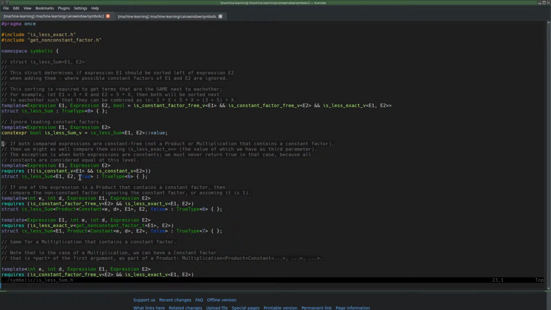Okay, the specialization on true means that this is true, which means that both E1 and E2 are constant 3, and E1 is less than E2. Then it says if both compared expressions are constant 3, aka the true here, which means not a product or a multiplication that contains a constant factor. And that is the case in our test.